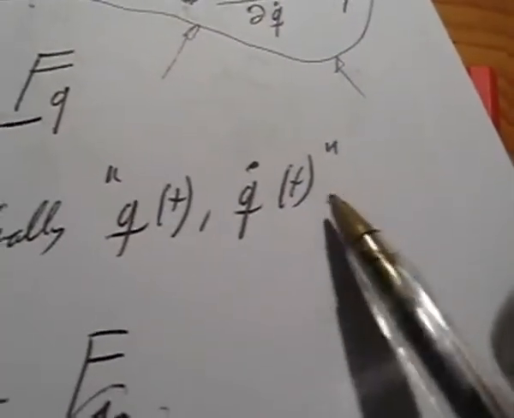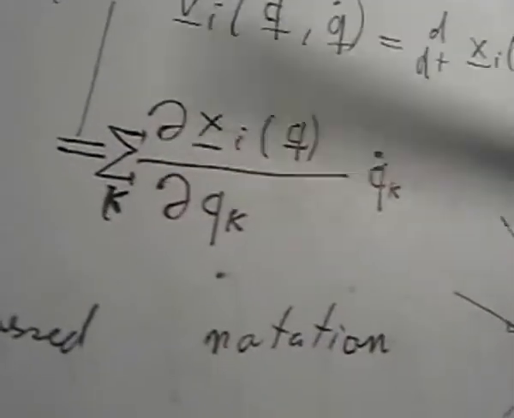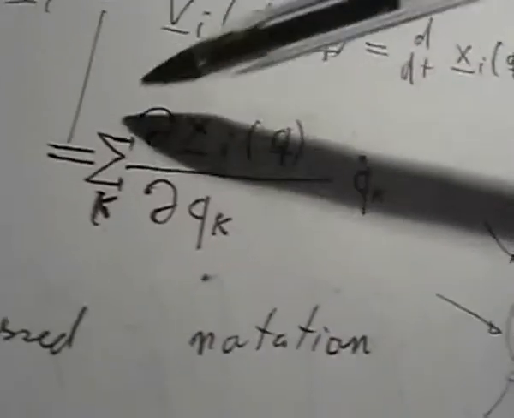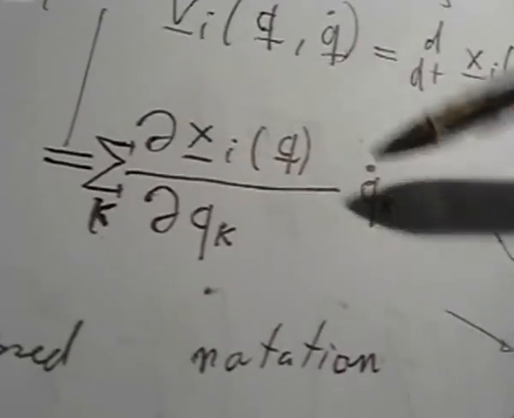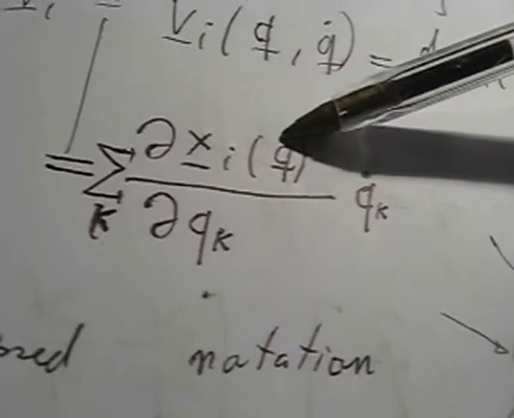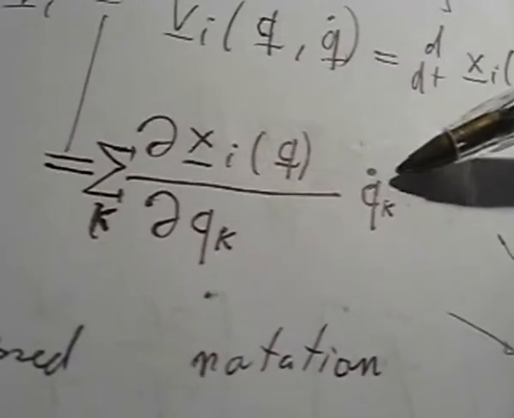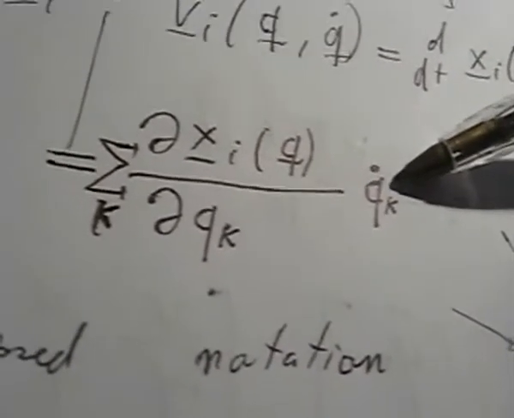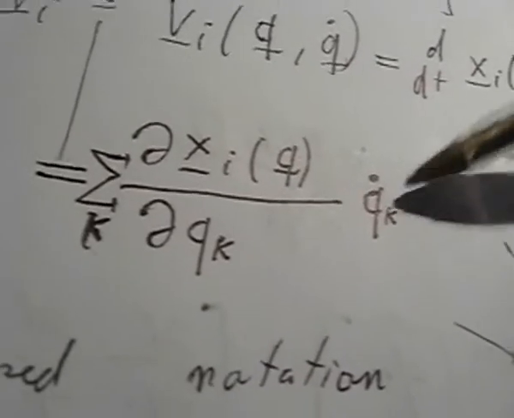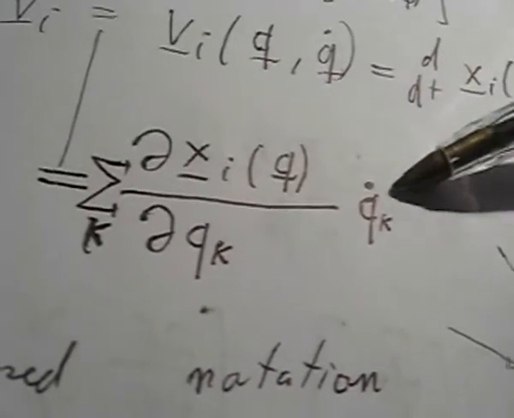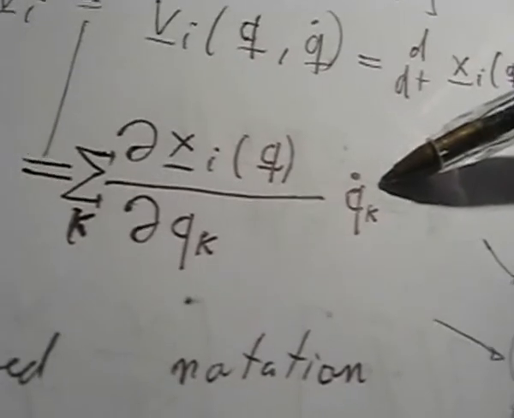To make the notation smarter, we avoid these notations because it would become just very long and also useless. So the velocity is given by this, all as a function of the generalized coordinate vector and the vector containing the rates of change of generalized coordinates, and that's all.